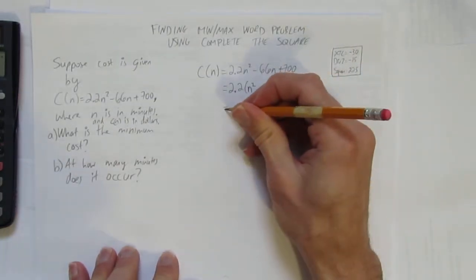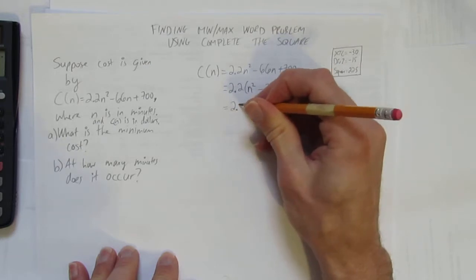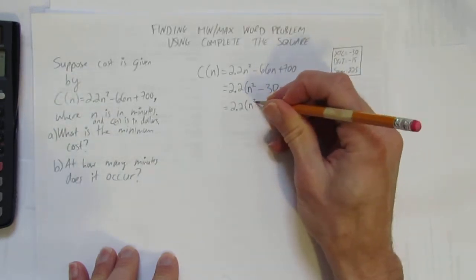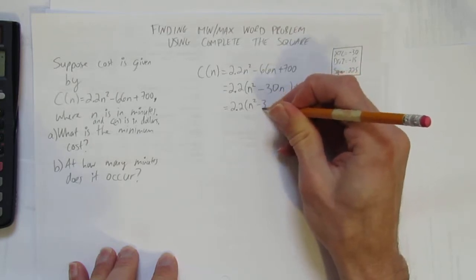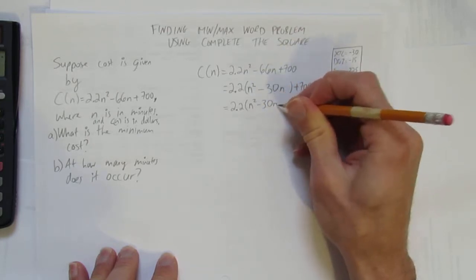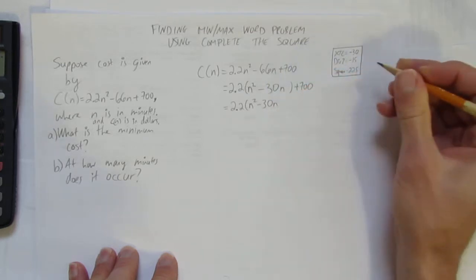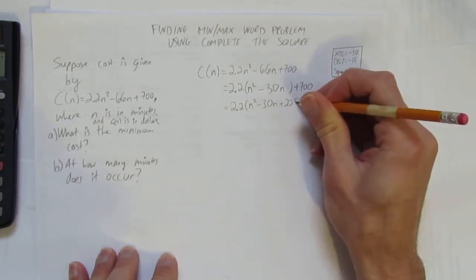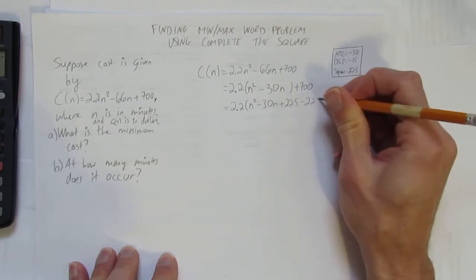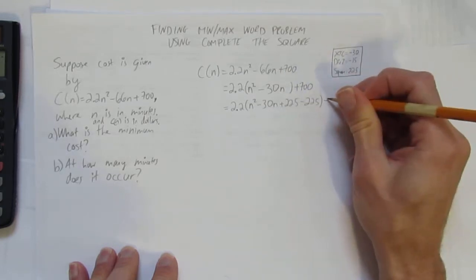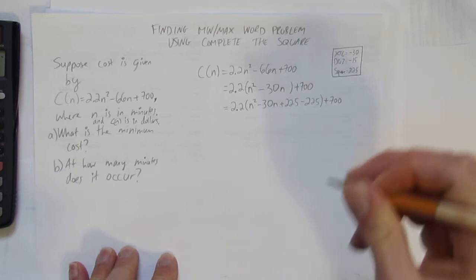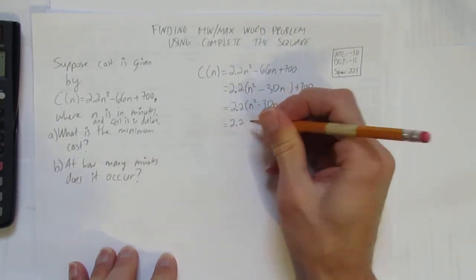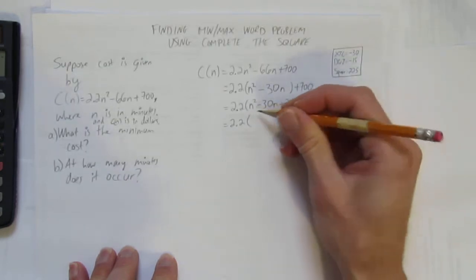Okay. So now 2.2 stays out front. It's going to be there for the rest of the question. Inside the brackets, I still have the n squared and the negative 30n. I haven't changed anything. I'm just going to add this square, plus 225, and then minus 225, and leave the 700 out in back of the equation. Keep that 2.2 there, but now complete the square.